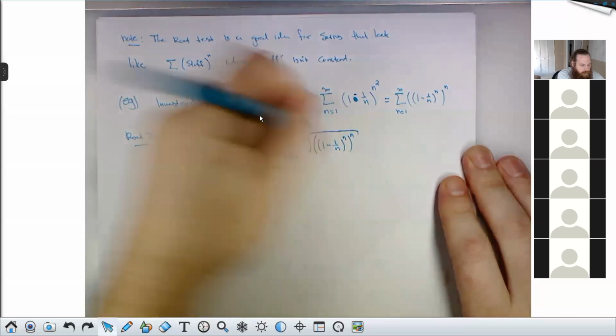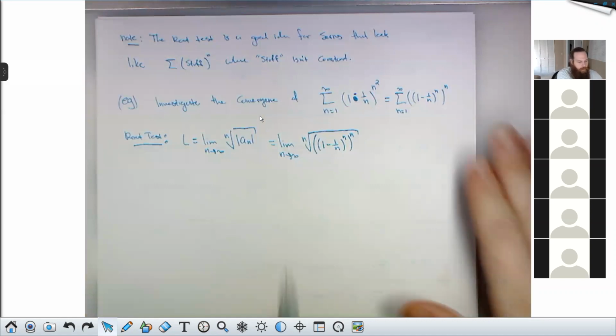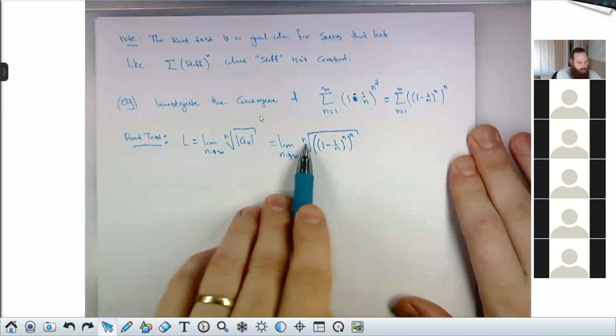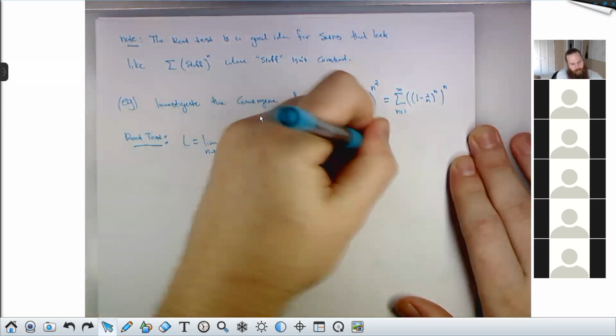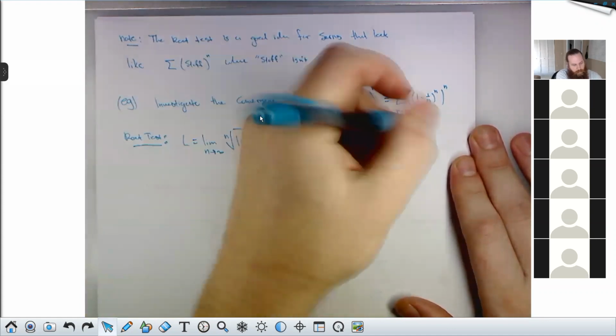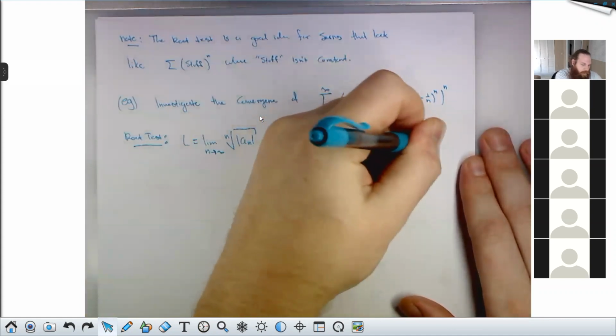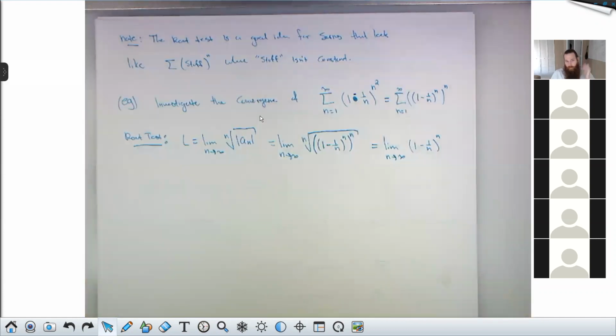All of those things are positive, so I'm leaving off the absolute values. The nth root here cancels with the nth power here. And you get the limit as n goes to infinity of 1 minus 1 over n to the n. Does anybody know what this limit is?